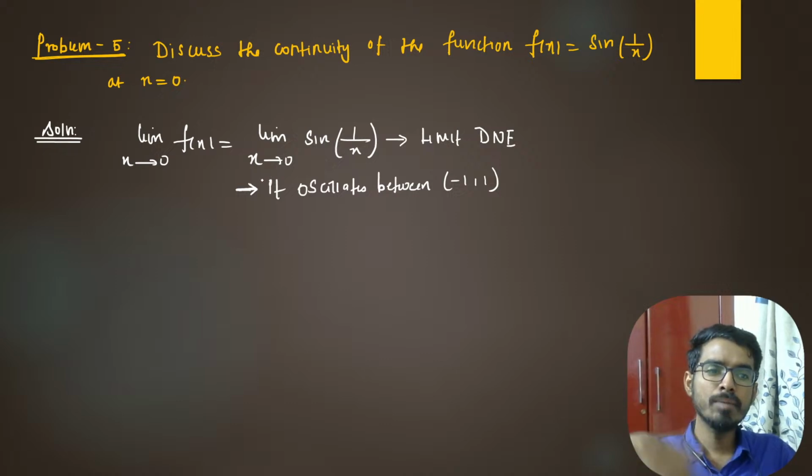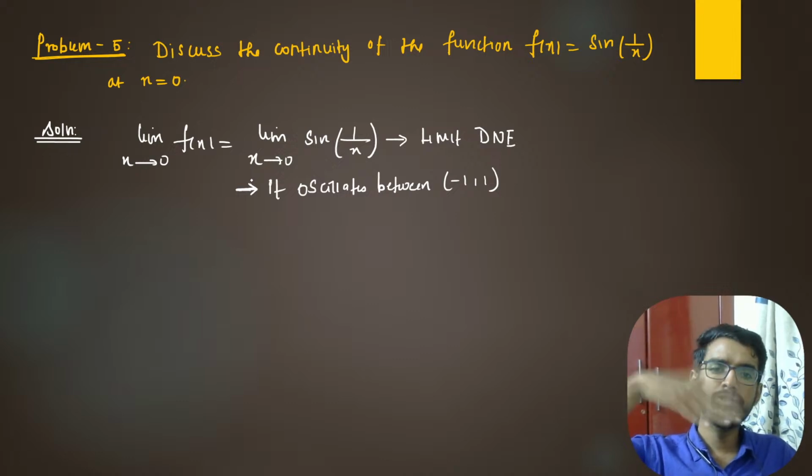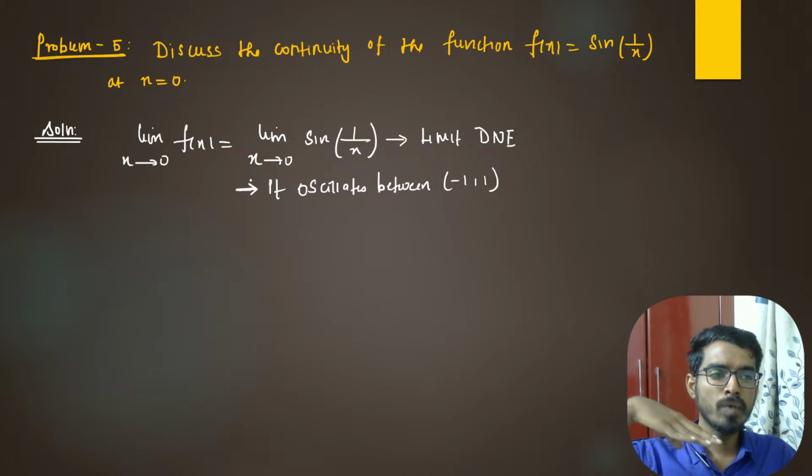So we call this a butterfly graph. How the butterfly will flutter. When x is tending to 0, it will flutter between minus 1 and 1 because sin x maximum value is 1 and minimum value is minus 1. It will flutter like anything.